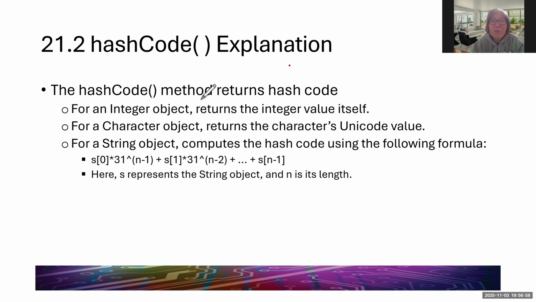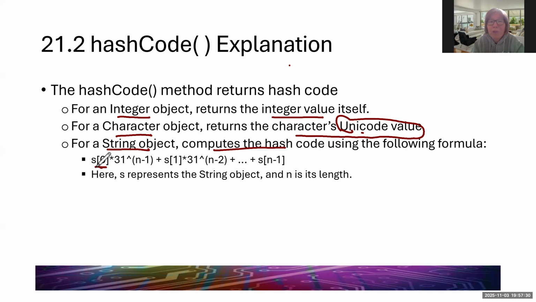The hashCode returns an integer value. Here we give three scenarios. If the object is an integer, then it returns the integer value itself. If it's a character object, then you can return the character's Unicode value. If it is a string object, then we can use the following formula to calculate the hash code.